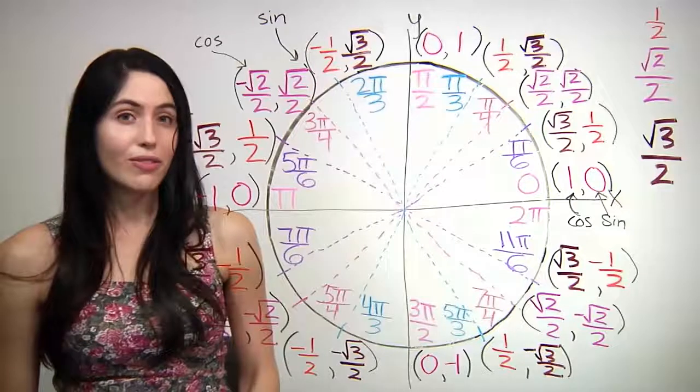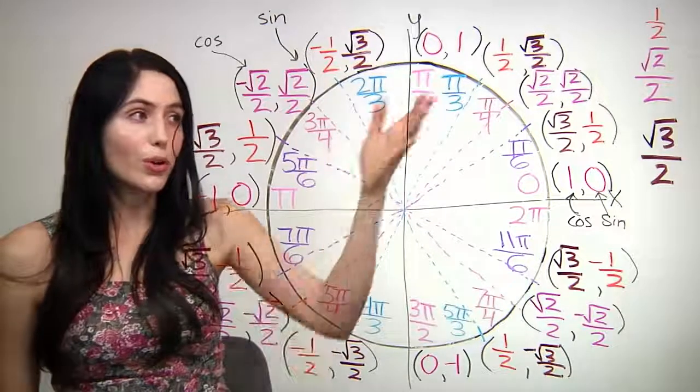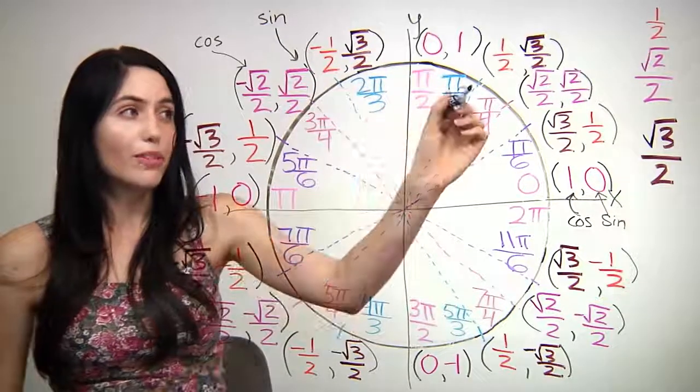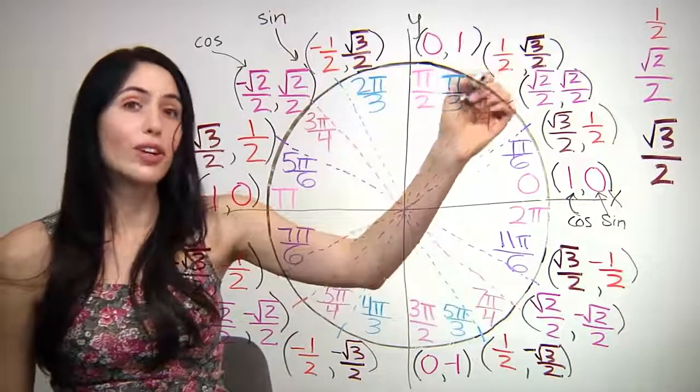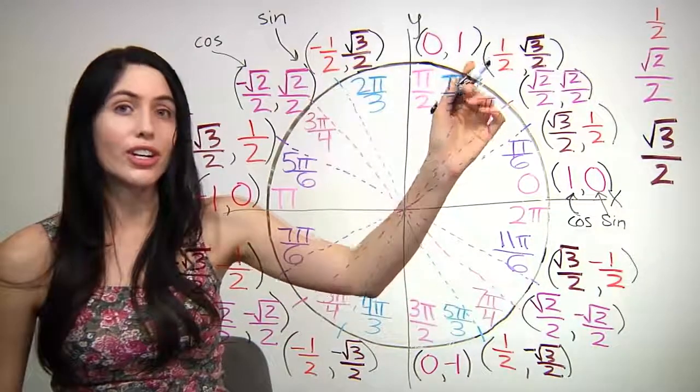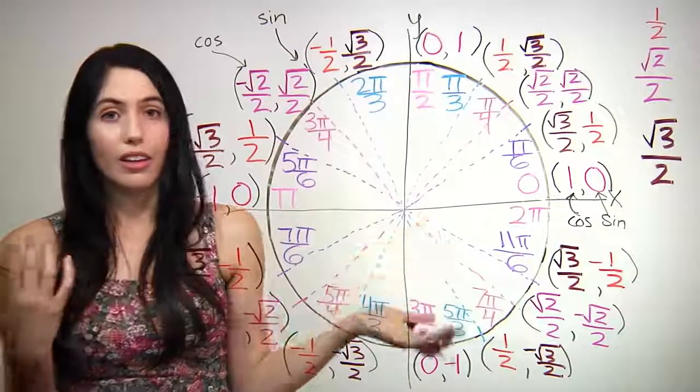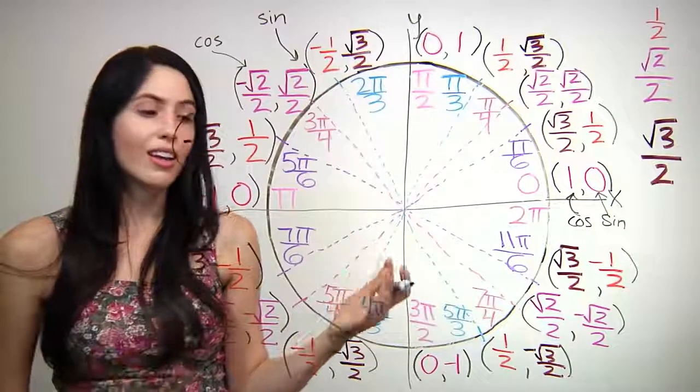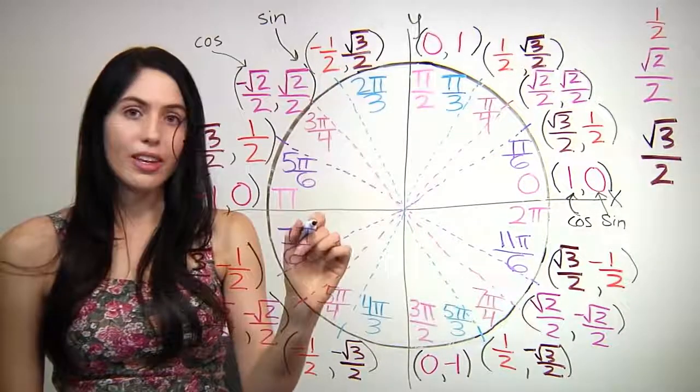So if you have to figure out the cosine of pi over 3, it's the first value in the point. The answer is 1/2.